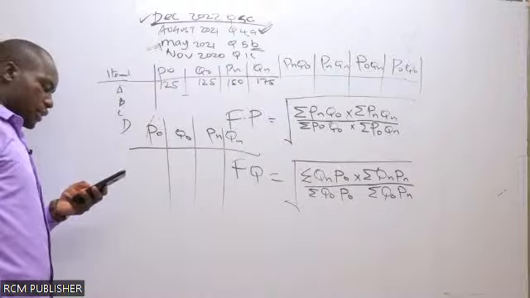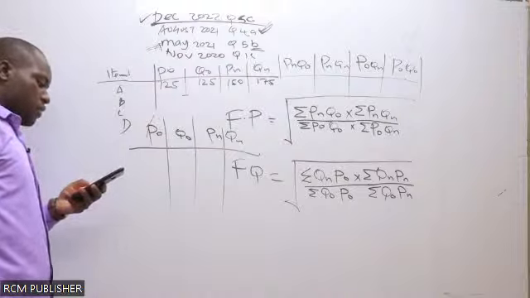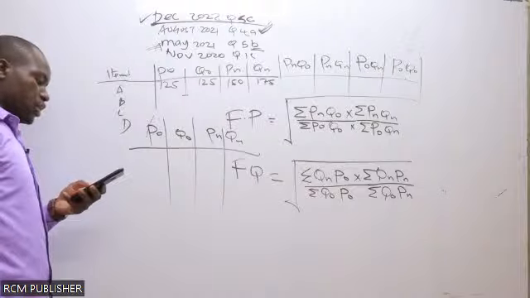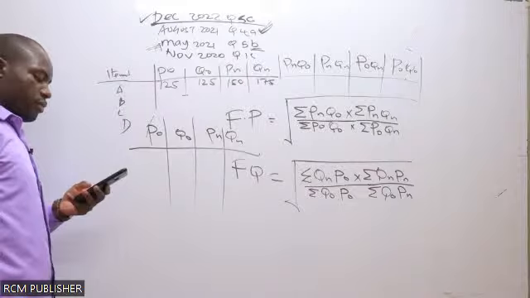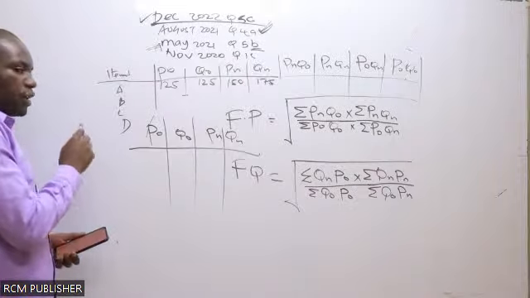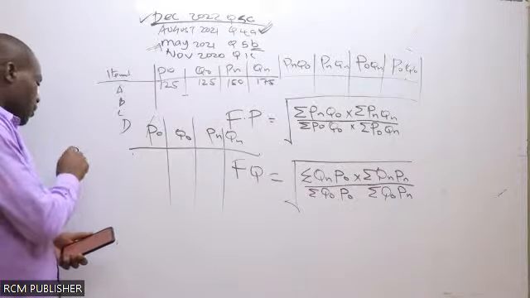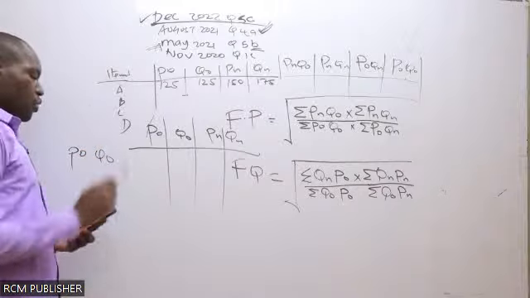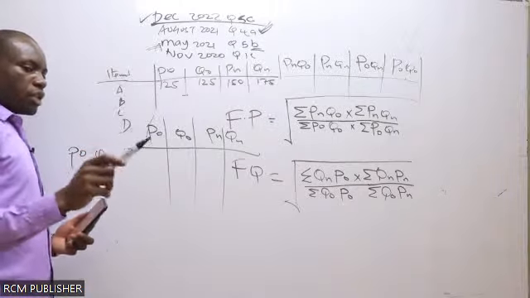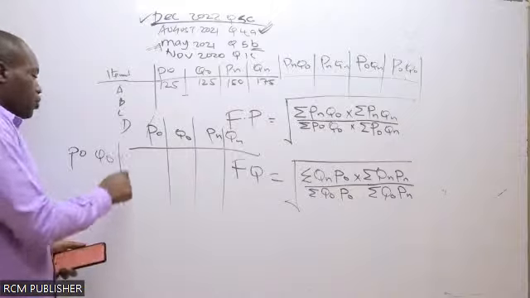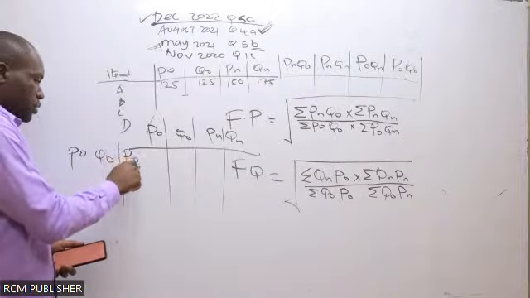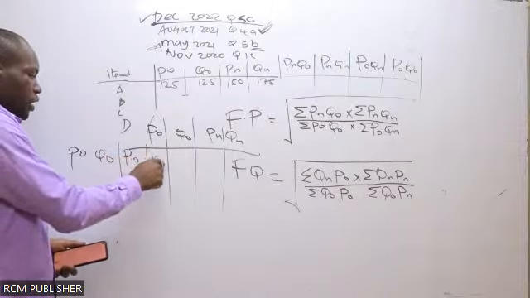Price index using the purchase formula for the years 2019 and 2020, using 2017 as the base year. So the values for 2017 will be PO, QO. Then for part one of the question, we are going to have PN, QN.